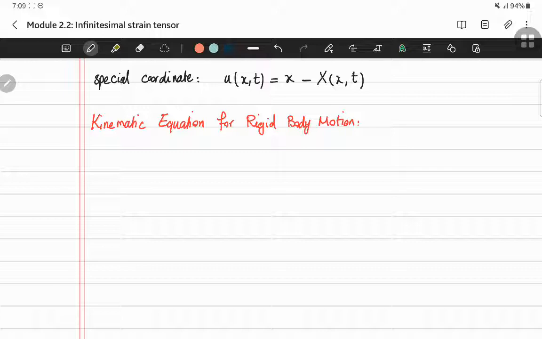So if we have the rigid body, for example, translation, rigid body translation, the deformed configuration will be the sum of the initial or reference configuration plus some function of time. So this function only is a function of time.